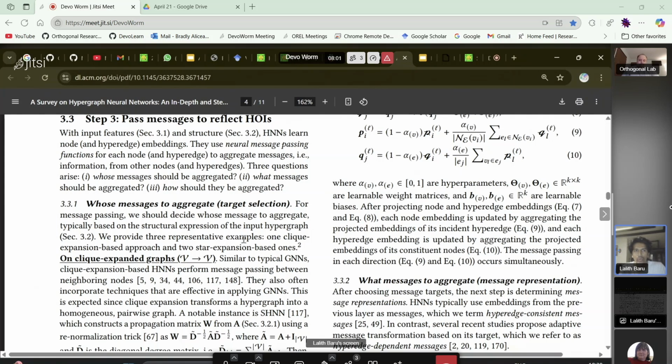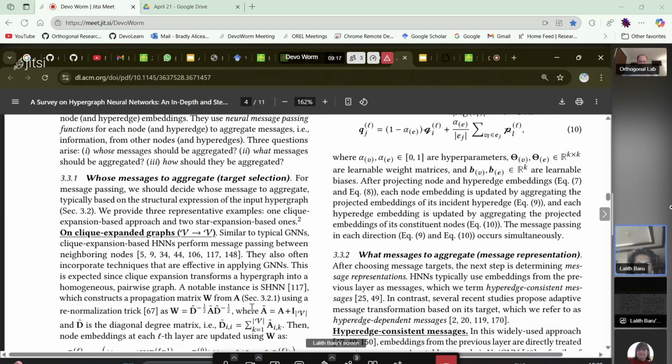Clique expansion forms an interaction similar to the dyadic interactions we generally see. So it's very similar to simple graph neural networks, and clique expansion based hypergraph neural networks were explored by a few works. There are certain interaction techniques that we often see.